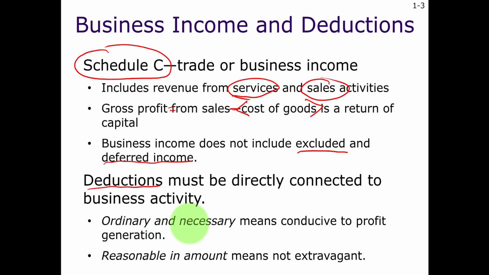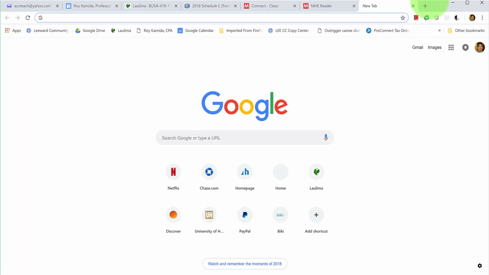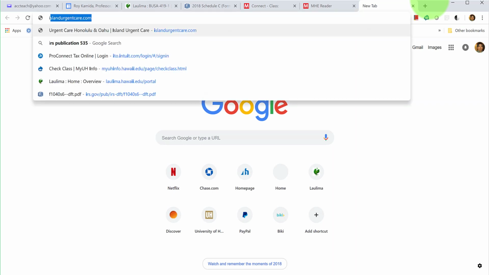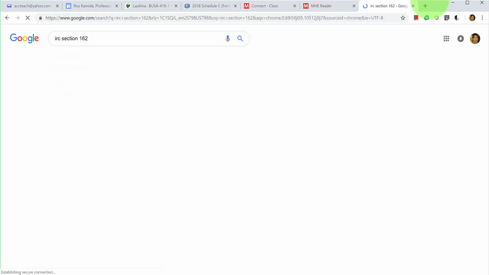So why don't we take a look at the actual law by going to a web page that has a listing of the so-called Internal Revenue Code, IRC, and the specific section we're dealing with is section 162 for business expenses.